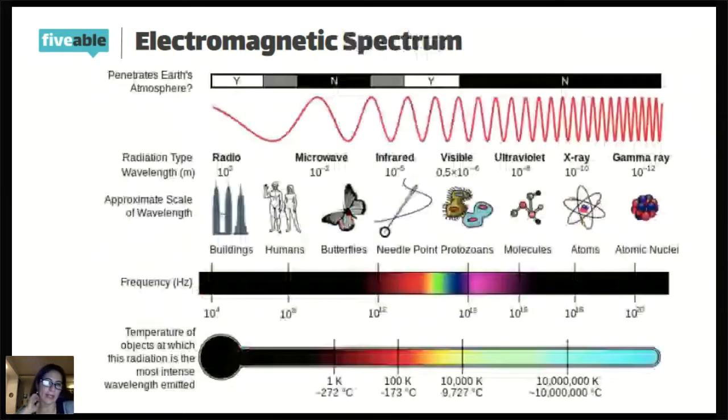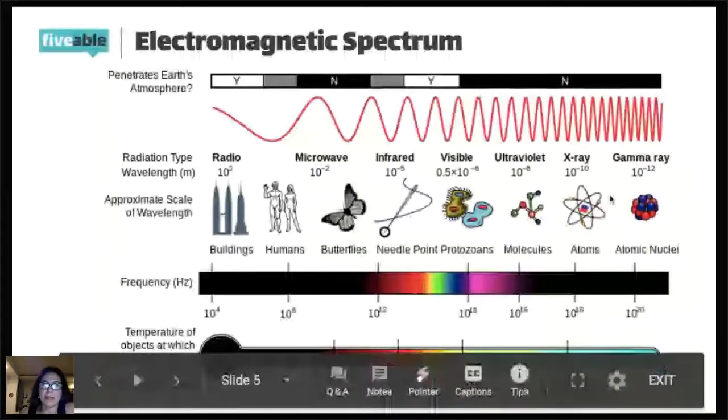Okay, this is the electromagnetic spectrum. I'm sure you're very familiar with it. We have the different types of radiation, from radio waves to gamma rays here. And we have the wavelength and the frequency down here.